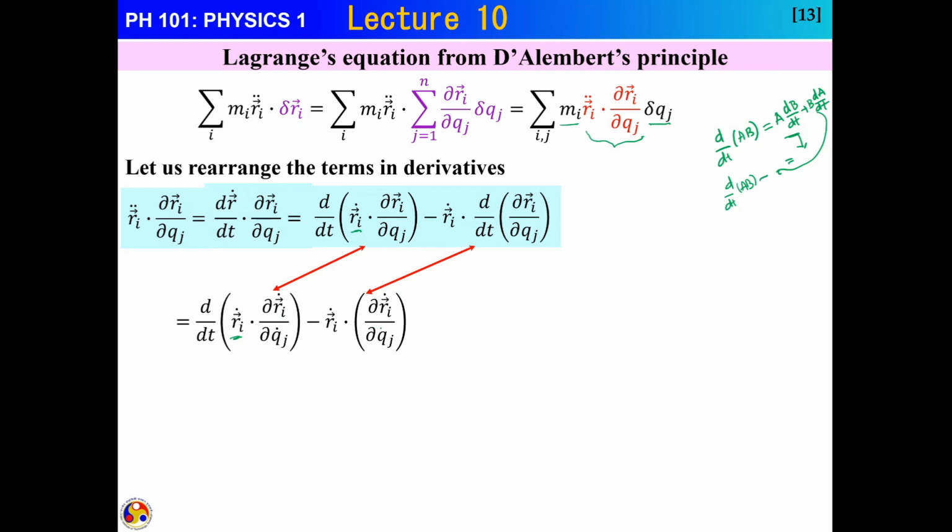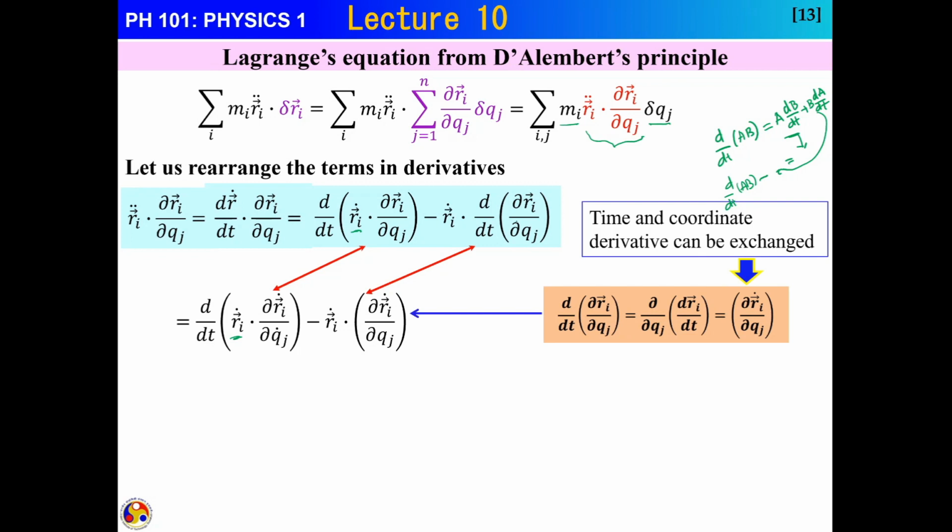On the right side, we have another term whose coordinates can be exchanged. Here we have d/dt of the partial derivative of r by q, which I can rewrite by taking the partial derivative outside and moving the d/dt inside. This is called the exchange of time and coordinate derivatives.